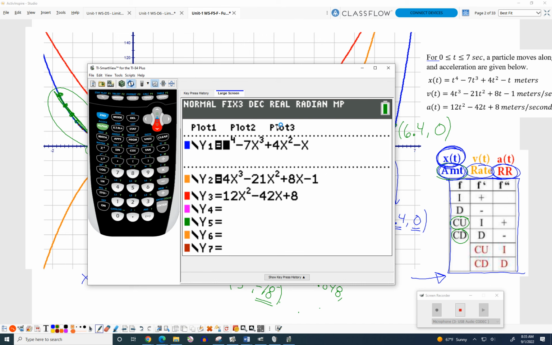I go down to item 3 and turn off the acceleration. Now I want a new window, so I go window, 0 to 0.3, and I zoom fit. If you do that correctly, you should end up with the graph that's on the screen.